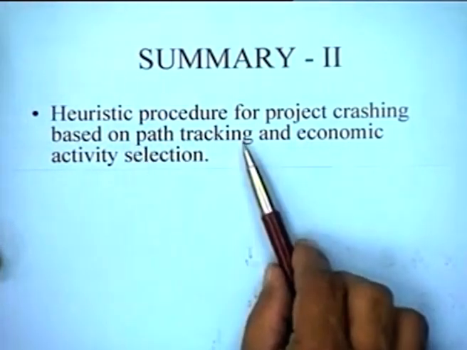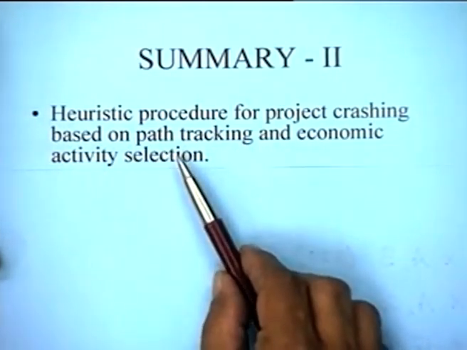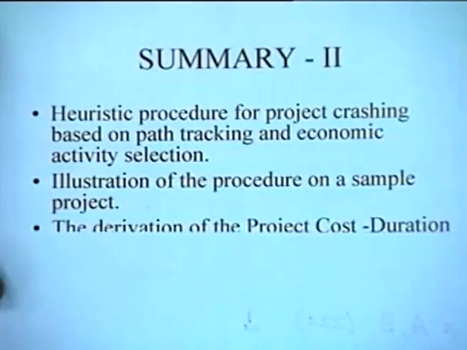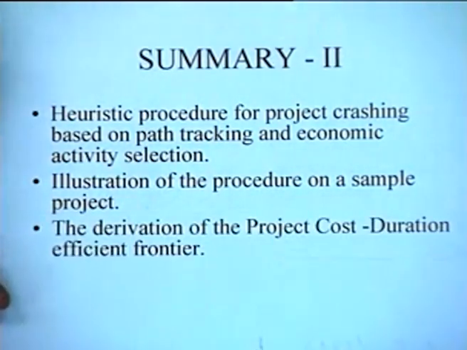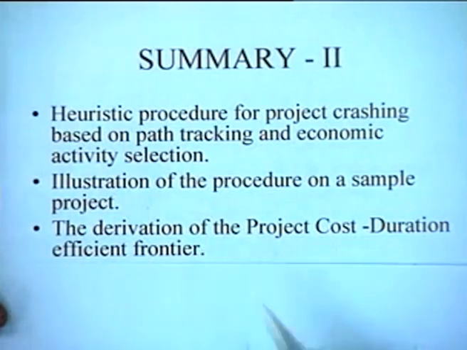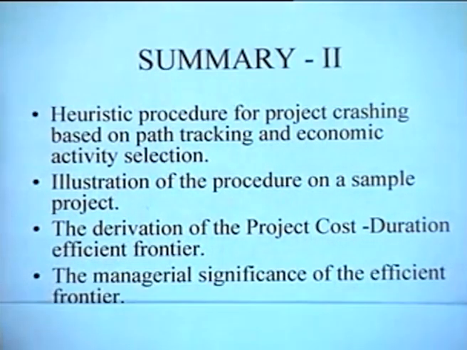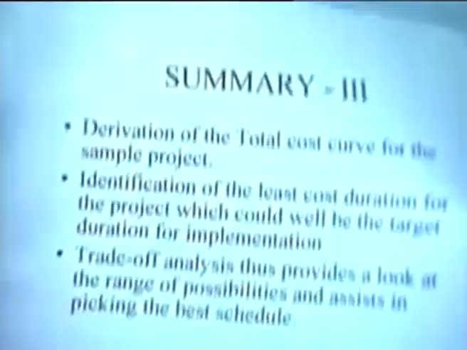If you keep track of the various paths and do economic activity selection, but there was a trap involved here, because identifying the best possible set of activities was not always easy. We saw an illustration of the procedure on a sample network, the derivation of the project cost duration efficient frontier we did for this particular network, and the managerial significance of the efficient frontier in terms of the kinds of decisions that can be obtained from this.